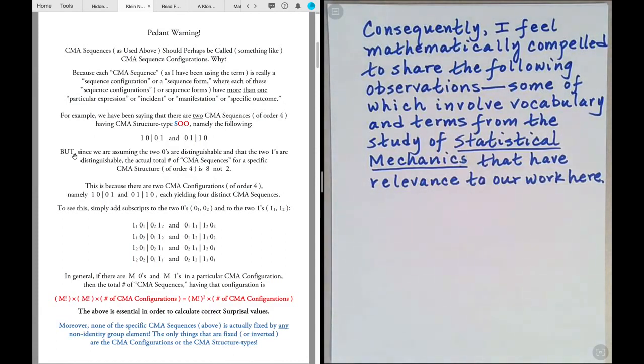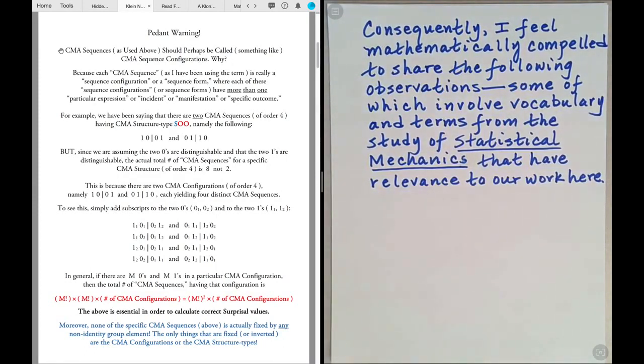Okay? So as stated here, CMA sequences, as used above, should perhaps be called something like CMA sequence configurations. Why is that?